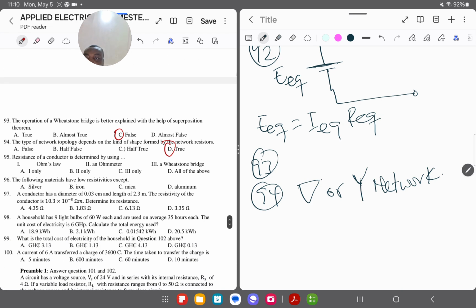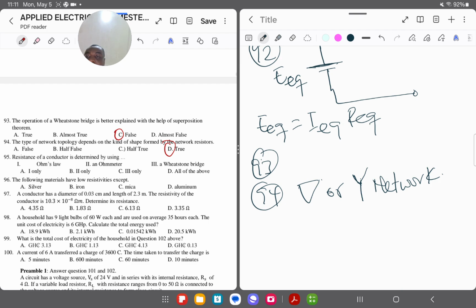Okay, now moving to question 85. Resistance of a conductor is determined by... So if I want to calculate or find the resistance, how do you do that?